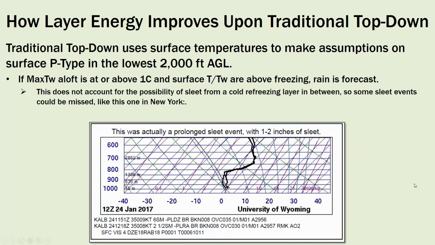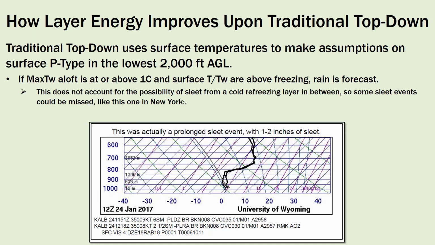Another assumption that was recently added to the traditional method was to forecast primarily just rain when your surface temperature is above freezing and your max TW aloft is at or above 1 degree Celsius. While this does help eliminate the over-forecasting of sleet events, there are times when it will miss a real sleet event, as we see in this case from New York, where we actually had good refreezing energy just off the surface.